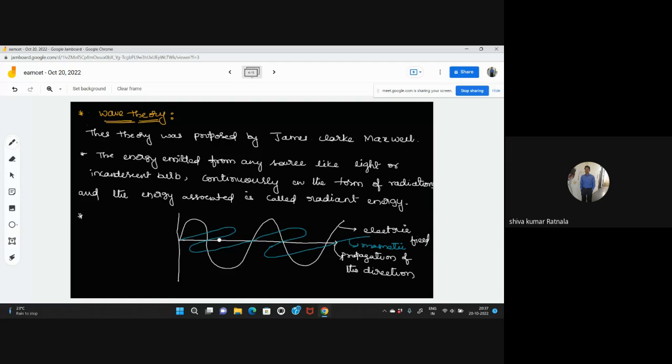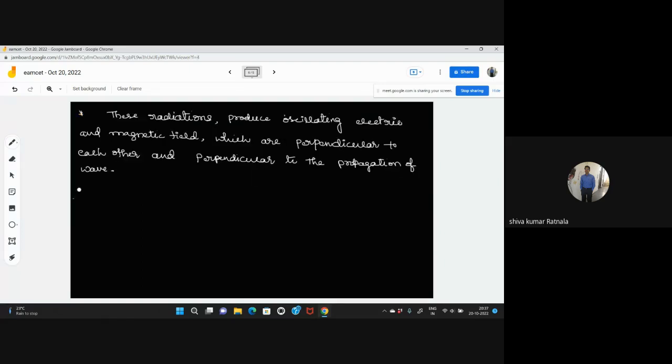That's why these radiations are called electromagnetic radiations.